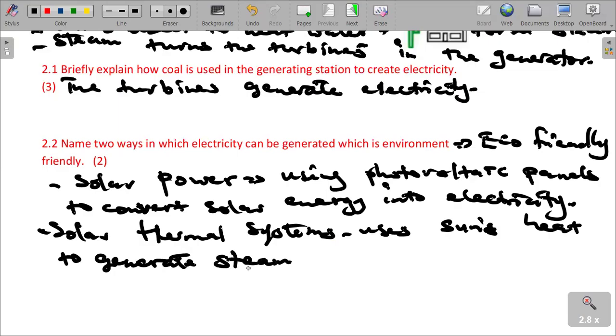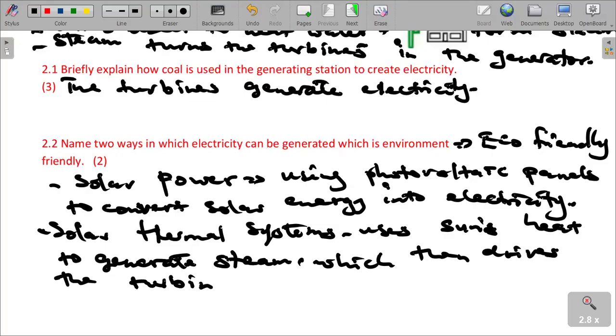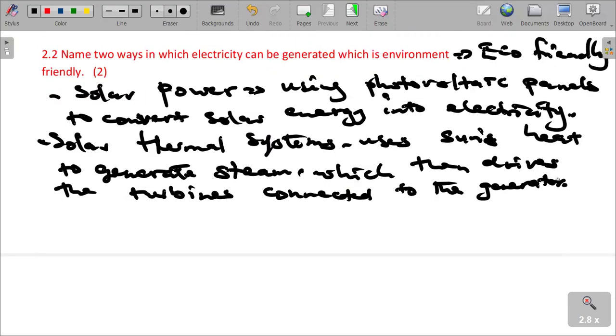It is more or less similar to that one, and then this drives turbines connected to the generator. That is one way through which we can talk about that.